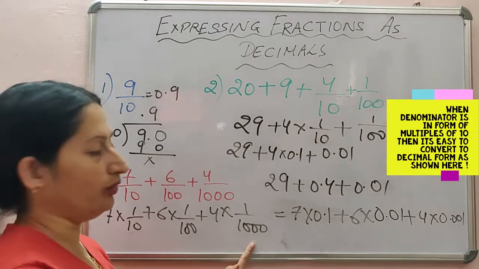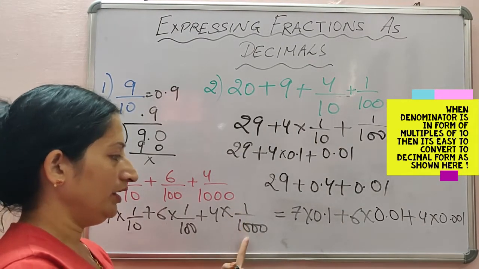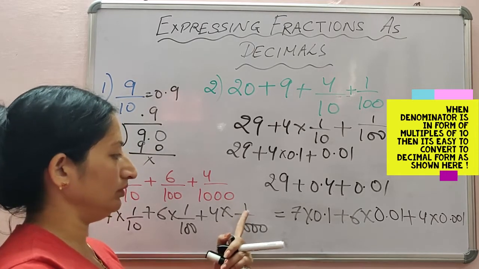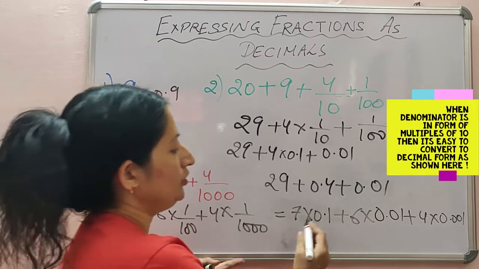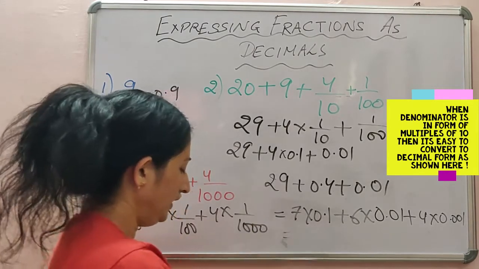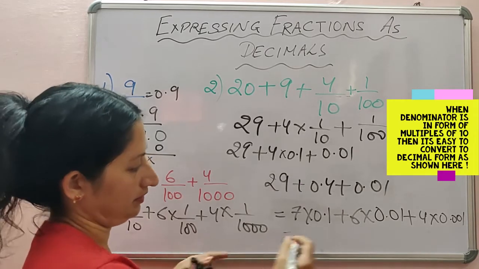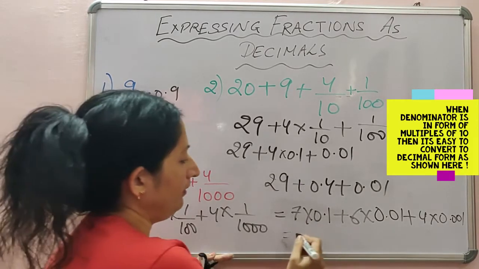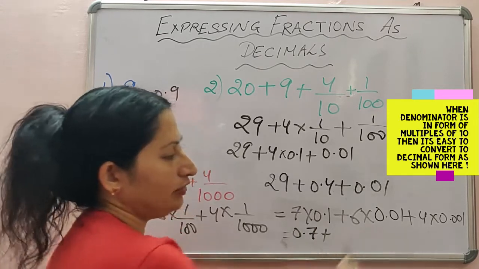I hope you have understood, because we know that when we convert this into decimal it will become 0.001.